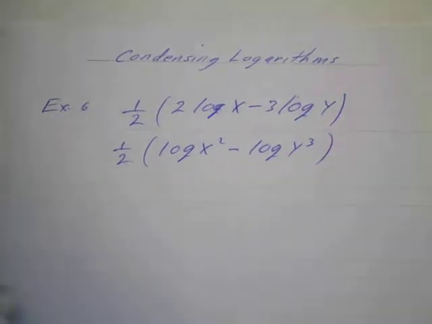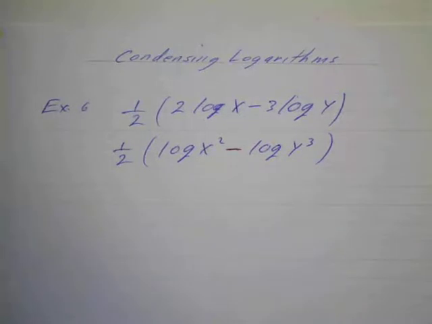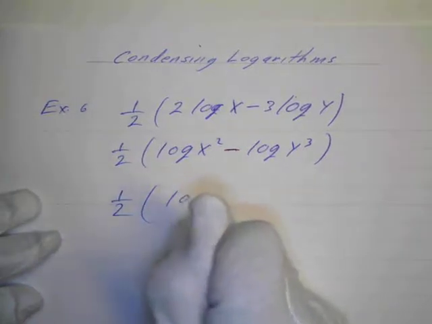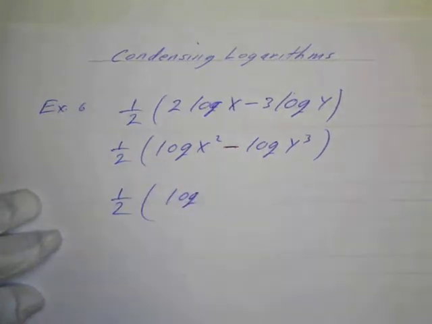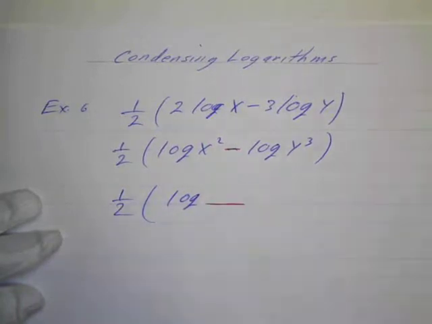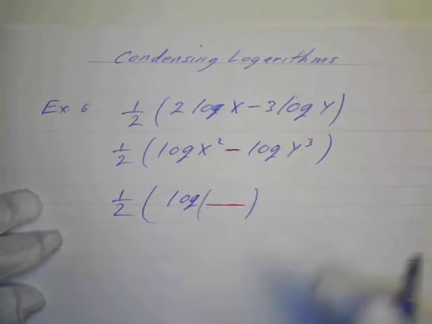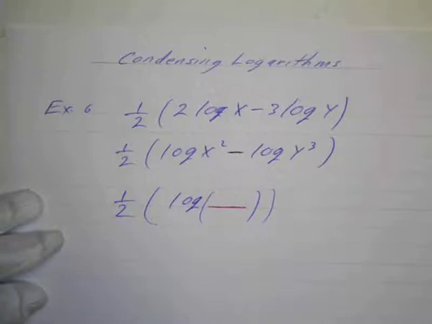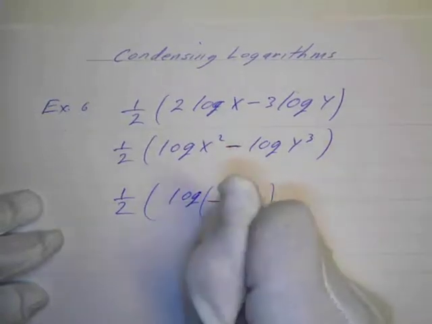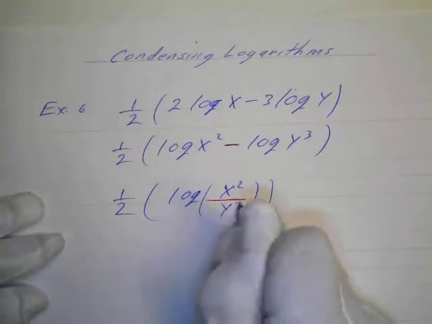And now inside here, I've got the difference of the logs, so that's going to be the log of a quotient. So leave the 1/2 out in front, but I have one log in here, and this will be my quotient. I guess I really didn't need that. I'll just put it here since I already wrote it. That's going to be the log of the top, x squared, or I'm sorry, x squared over y cubed.